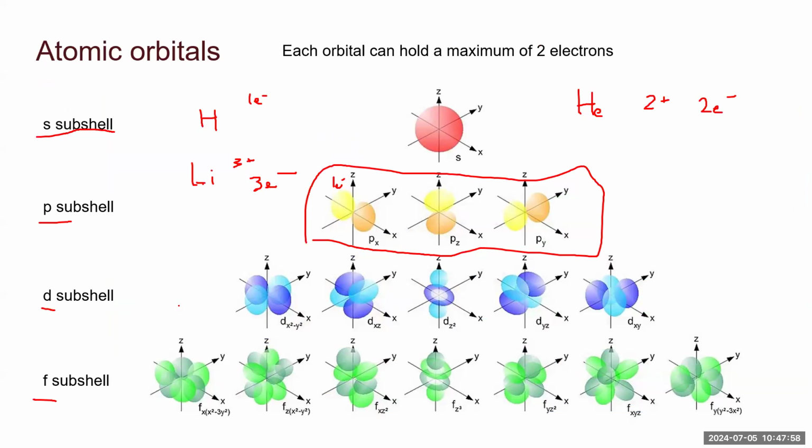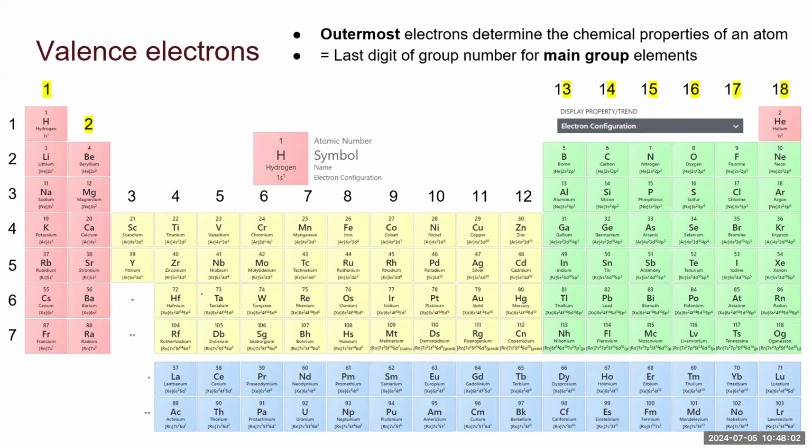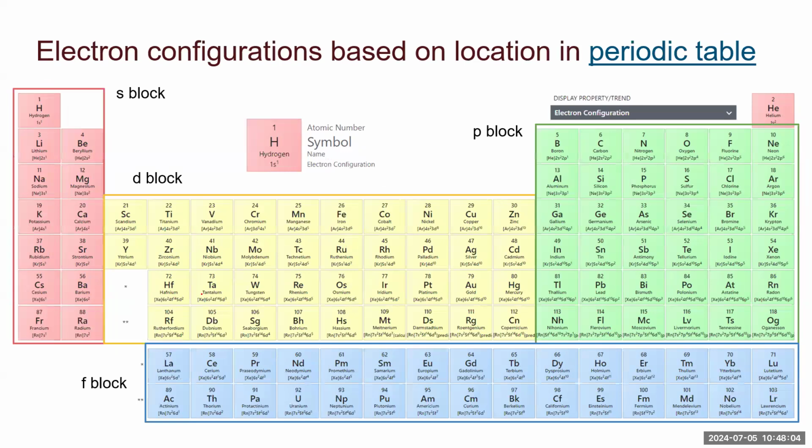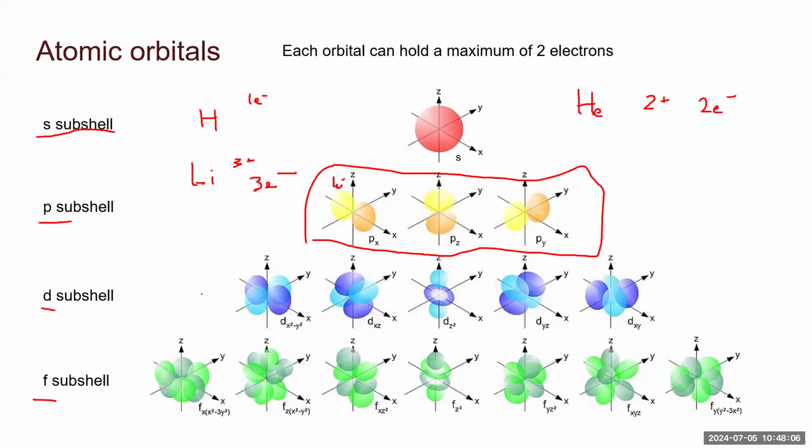But then the outermost electrons are going to end up in the P subshell. So what I want you to know is the two very first electrons of any given atom are in the S subshell. They are as close to the nucleus as they possibly can be.